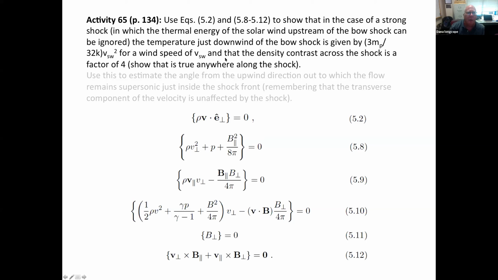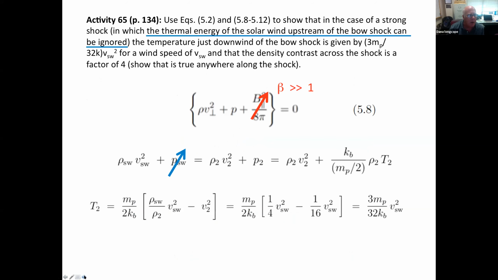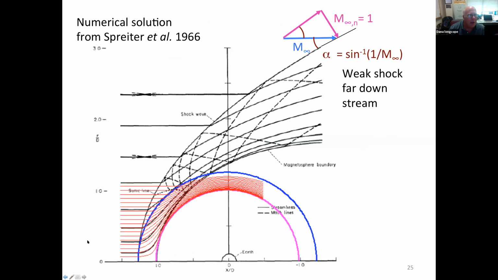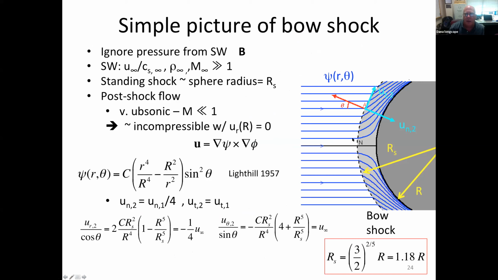In all of this, we're going to assume the magnetic field is negligible. And in the supersonic regime, we're actually going to go into the hypersonic regime, where in the region upstream the Mach number is huge, and therefore the thermal energy is negligible. It's all bulk kinetic energy.